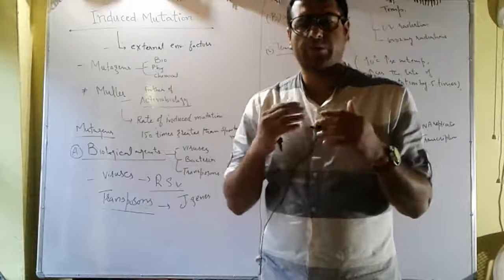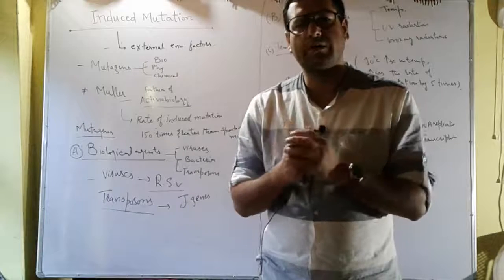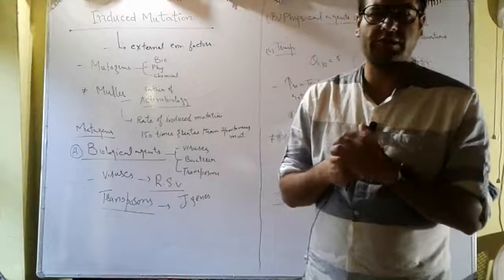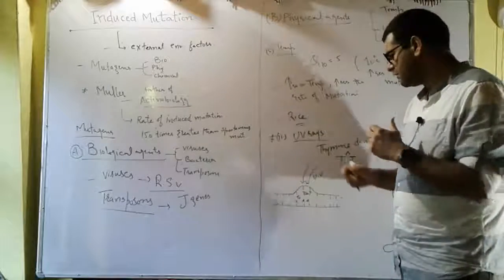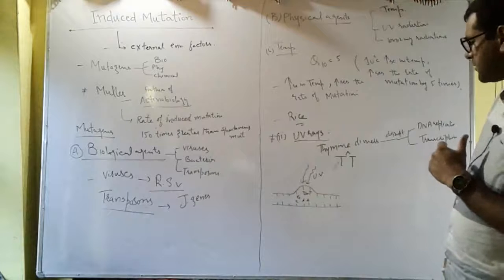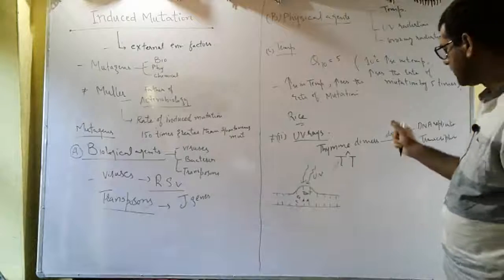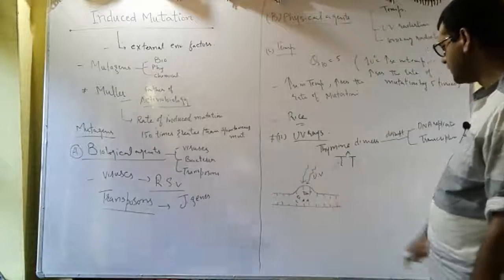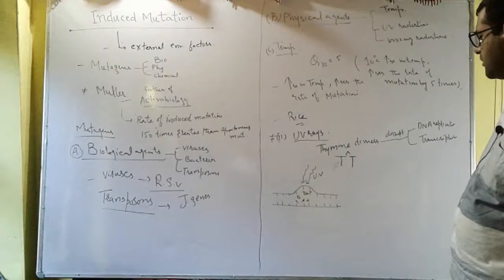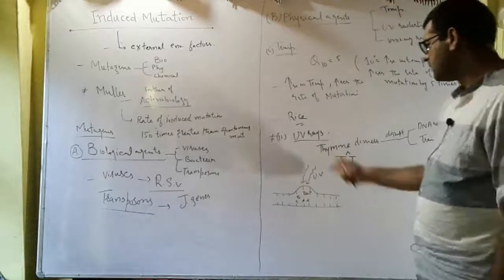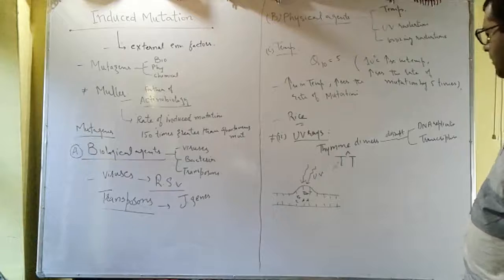These are produced when the adjacent thymine residues are covalently linked because of the exposure to ultraviolet rays. So this was an important point regarding how ultraviolet rays cause mutation.